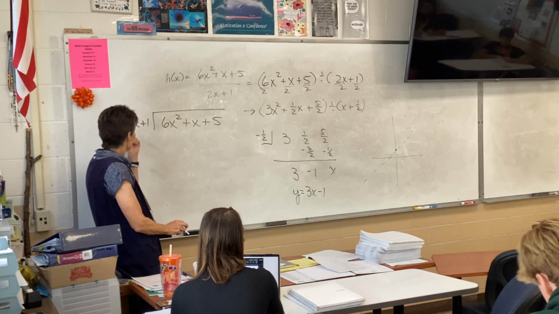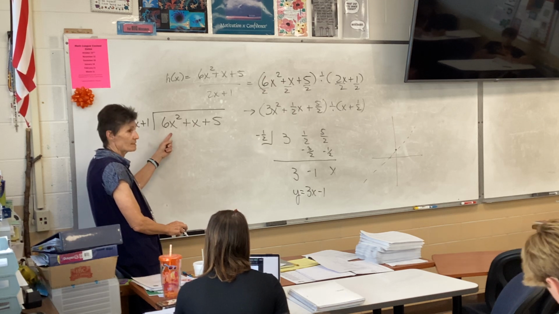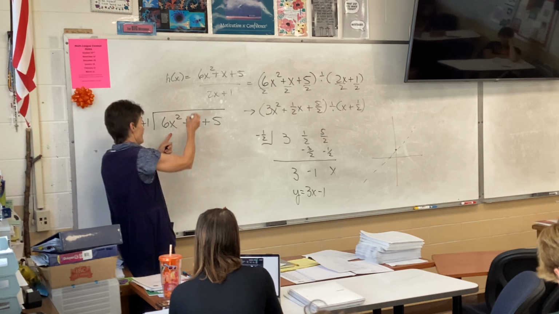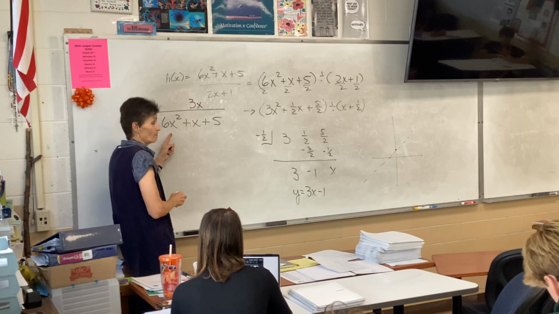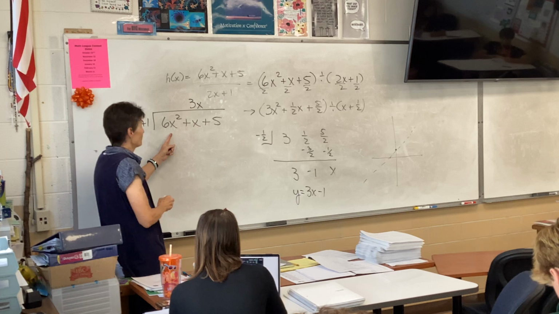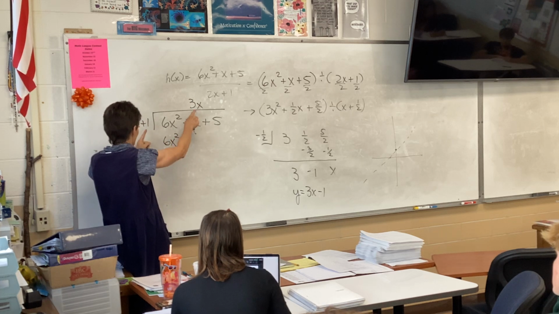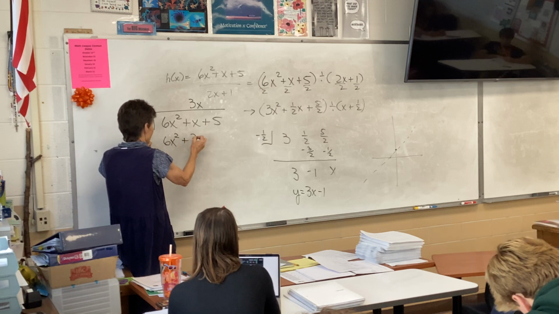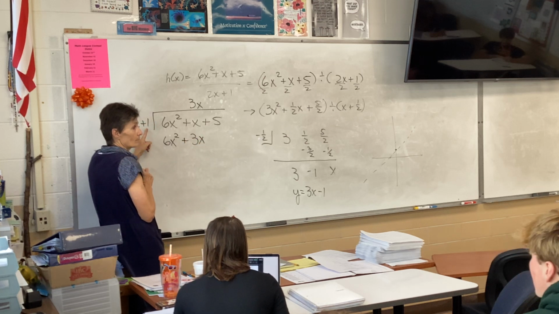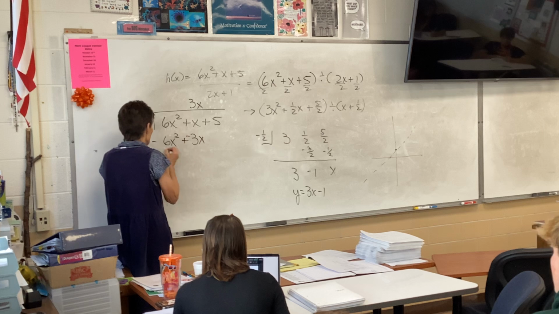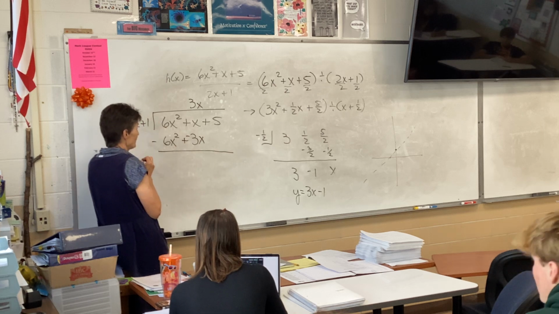If you're going to divide 2x into 6x squared, that goes in 3x times. And then we'll take 3x times 2x and 3x times 1. And then we'll subtract, just like we do with regular division.